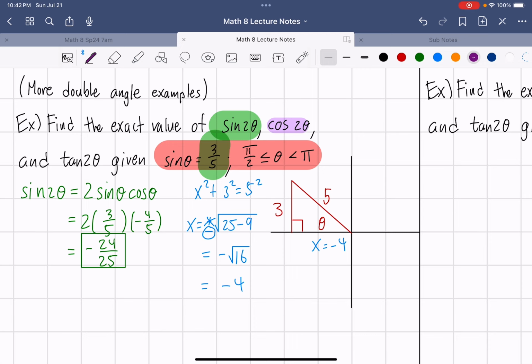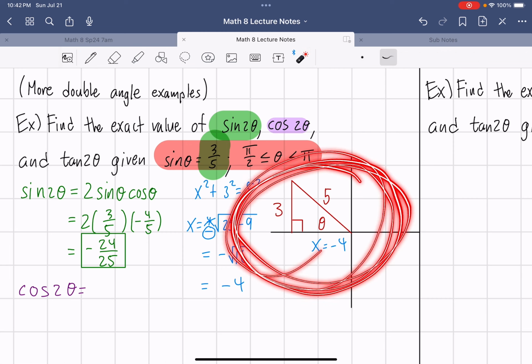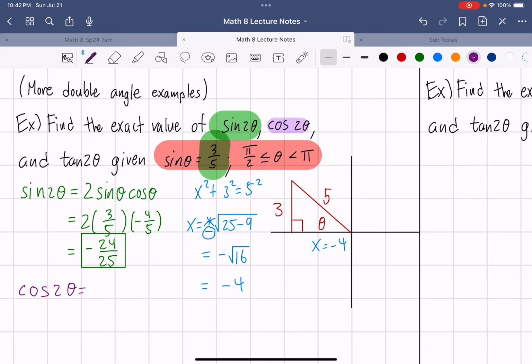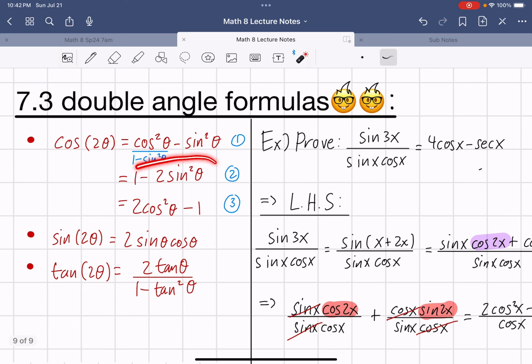Then we have to use cosine 2 theta. Now, luckily, there are various options for cosine 2 theta. There's a couple ways to go about this, right? One way, we can completely avoid ever having needed to even make this triangle, because I know one version of cosine 2 theta has sine inside of it.